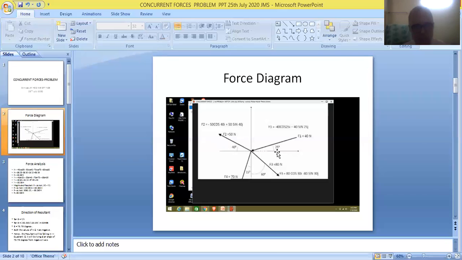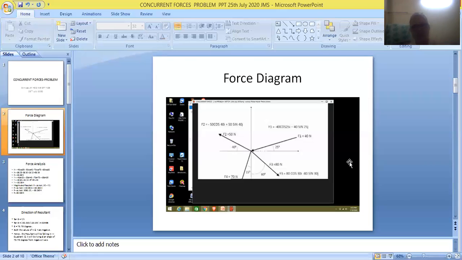Vertical component has to be shown in downward direction. And lastly, F4 is acting away from this point. So therefore, horizontal component will be acting in reverse direction. Vertical component will be acting in downward direction.